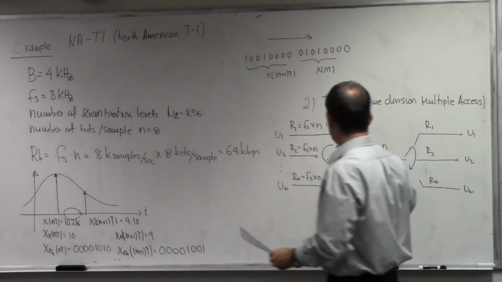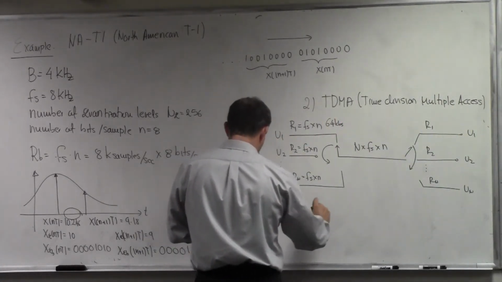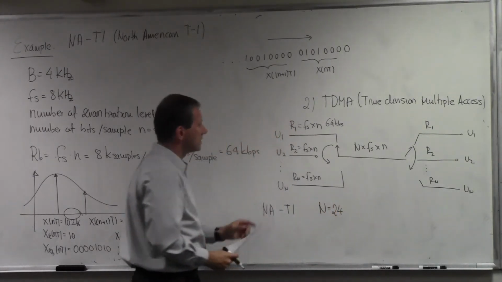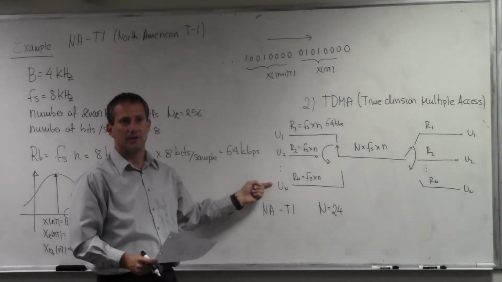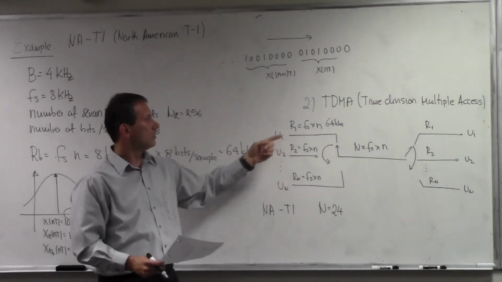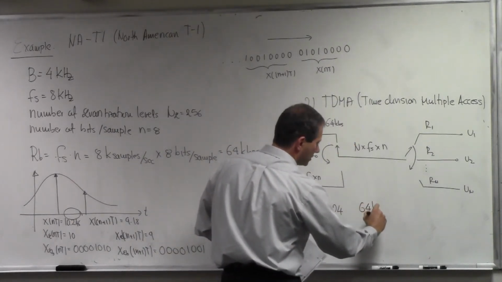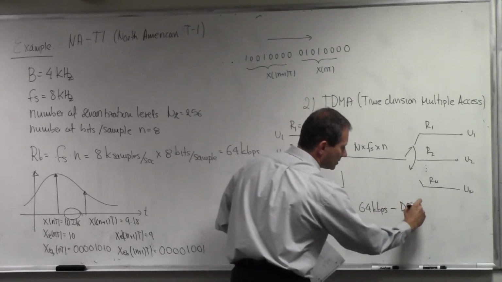In the North American T1 hierarchy, we have n equal to 24. So we multiplex 24 users on a single line. Right? In the North American hierarchy, 64 kilobits per second is referred to as DS0.